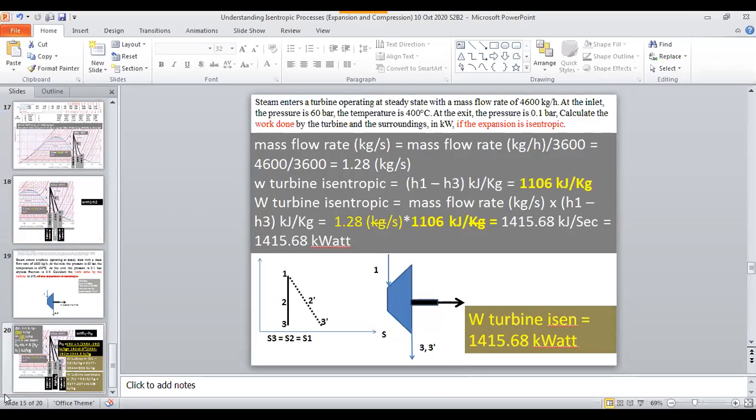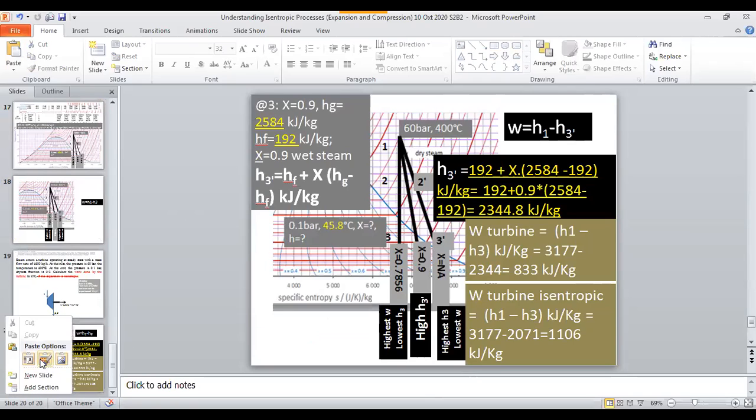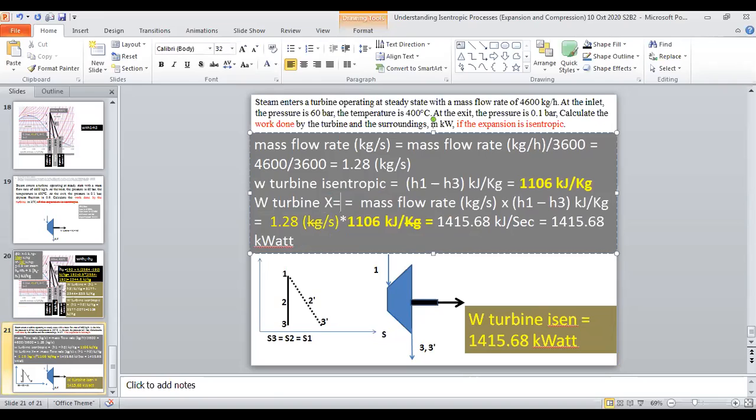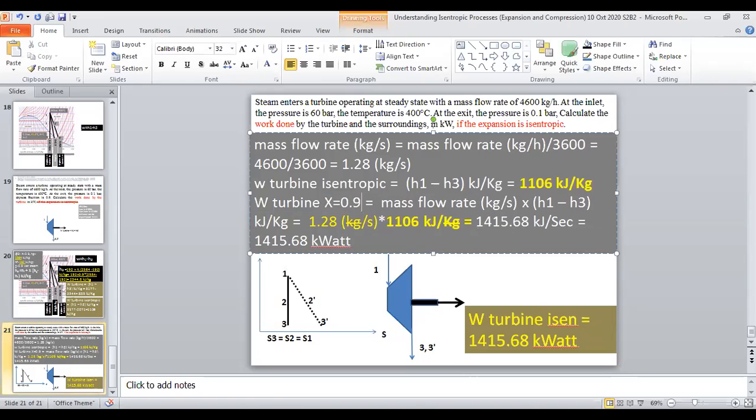Now the situation is same. W turbine, not isentropic. The isentropic we can leave it. W turbine when x equals 0.9, W turbine at x equals 0.9.